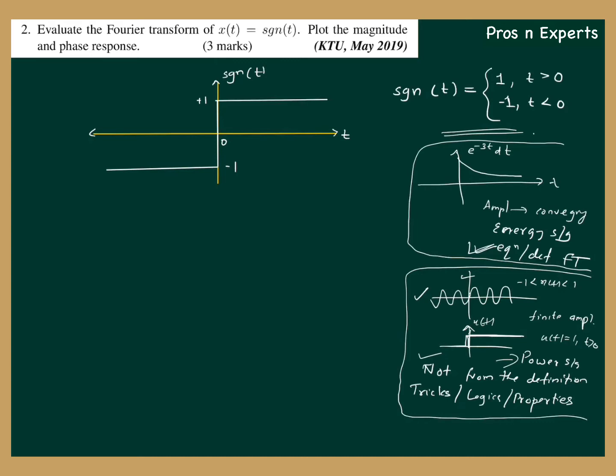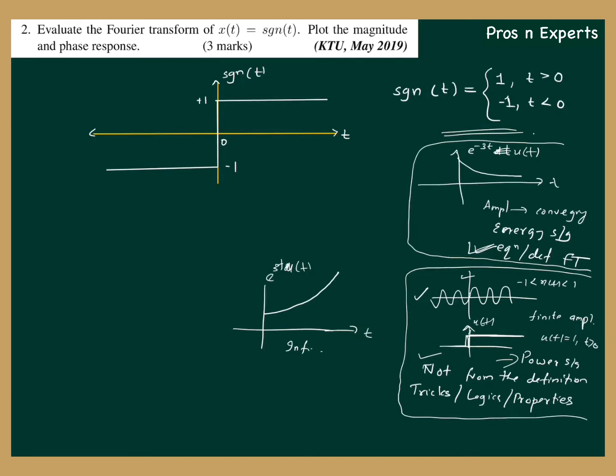And we have one more category of signals, for example e raised to 3t u(t). I don't know why I mentioned dt here. It is e raised to 3t u(t). What is the nature of e raised to 3t u(t)? It is a signal which is exponentially growing. These signals are not finite. They are infinite in time as well as amplitude.